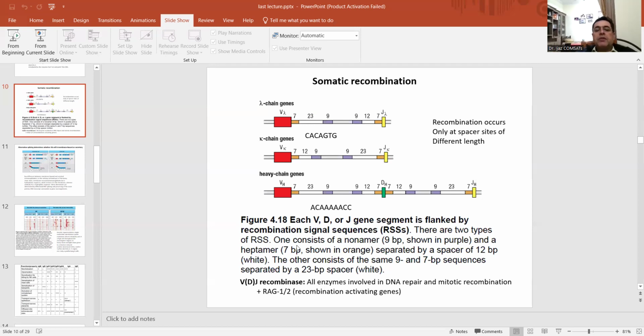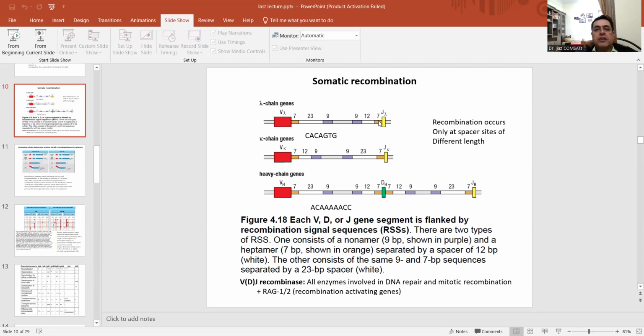There are two types of recombination signal sequences. One consists of a nonamer, these nine base pair sequences here and here in purple. This is a recombination signal sequence, and a heptamer, the seven base pair sequences. Seven is written here and here. These are also recombination signal sequences, and these are separated by 12 base pair sequences.